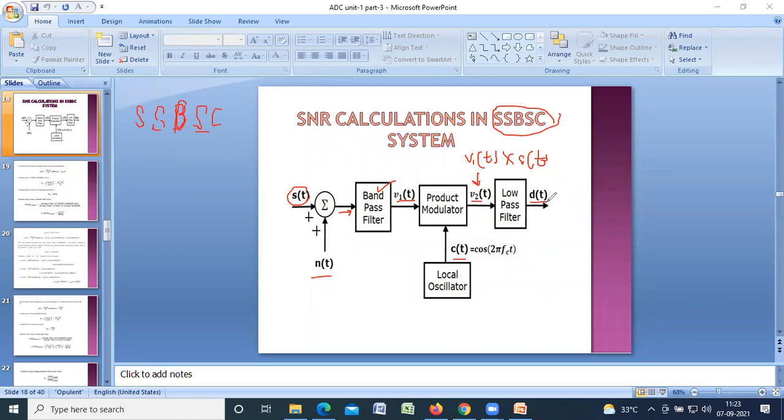Now any question in this diagram? Please note down this block diagram in your notebook. Then we will do the mathematical expression for signal to noise ratio.